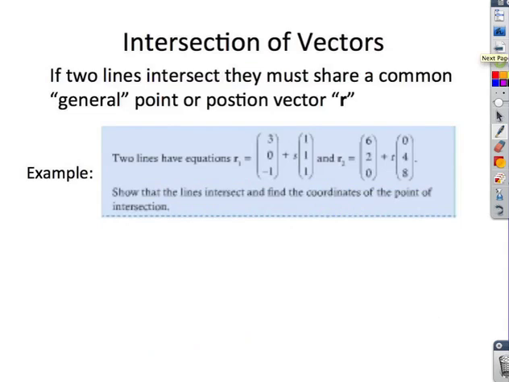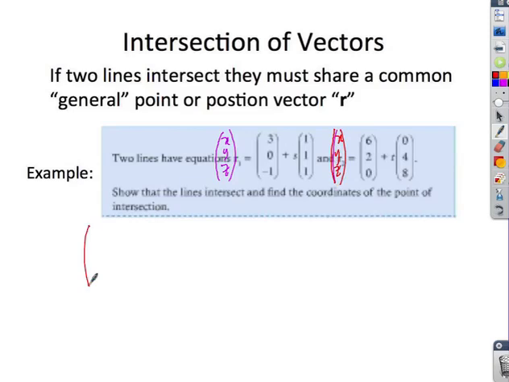And now to find out if two lines intersect, or where they intersect, for example, this line here fits the form x, y, z equals those, and this one also does. So it's also x, y, z. Now if we're telling you that these two lines intersect, their vector equations must be equal, and this is how you'll set this up.